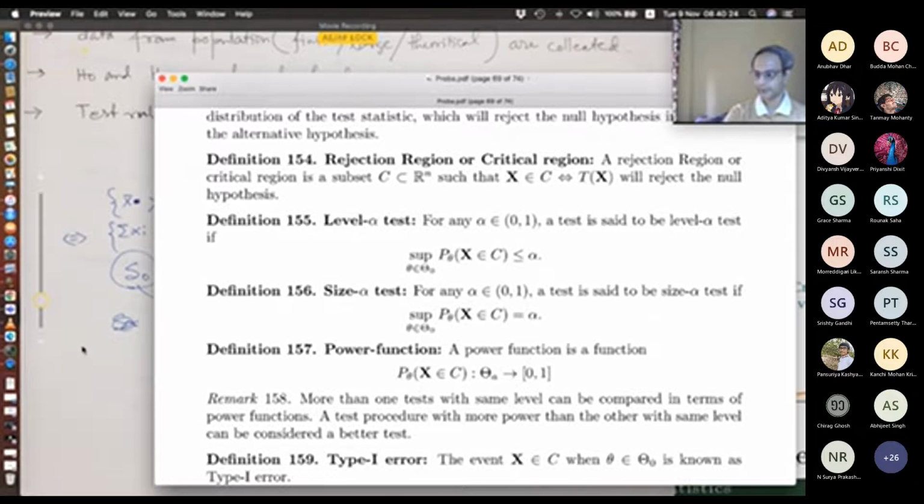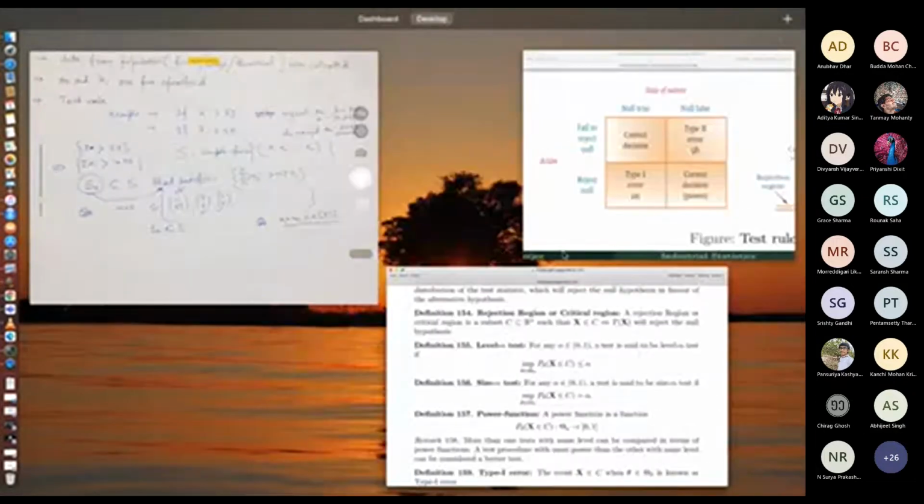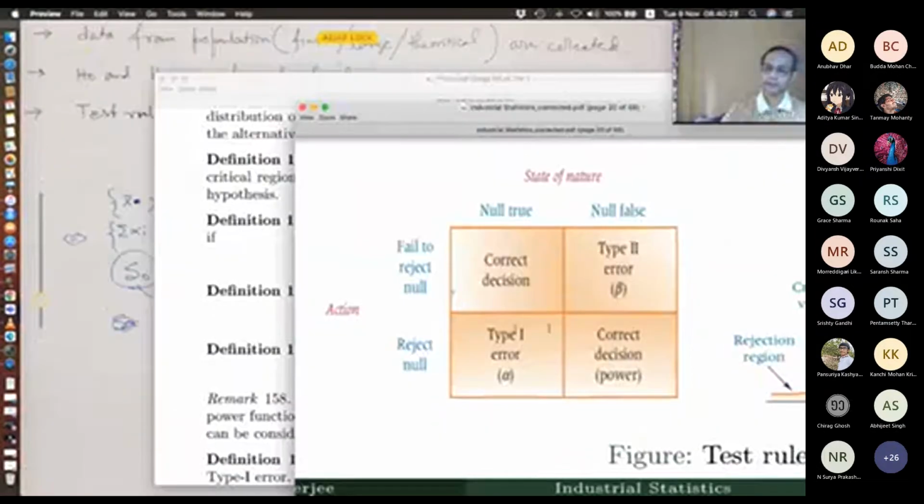Now let me come back to this once again. Rejecting H naught when H naught is true is considered more harmful for the system compared to failing to reject H naught when H naught is false.